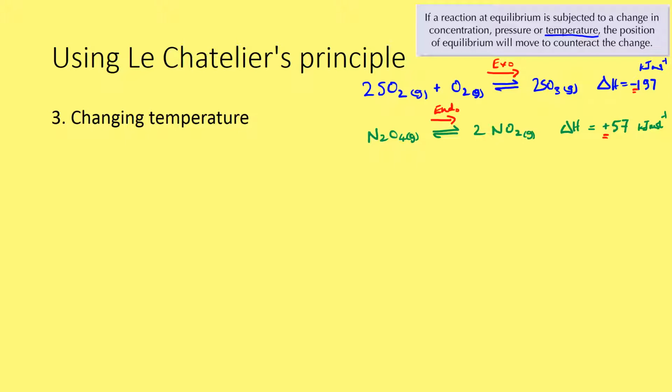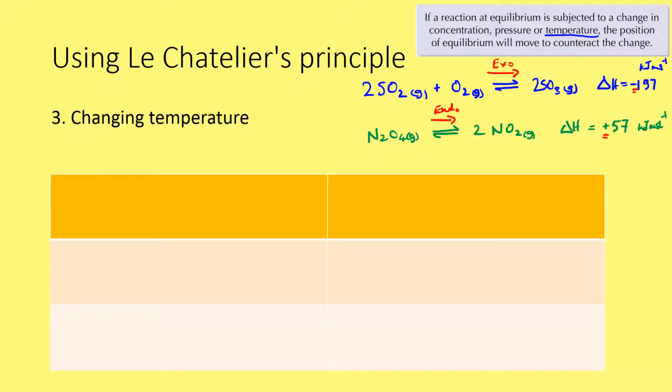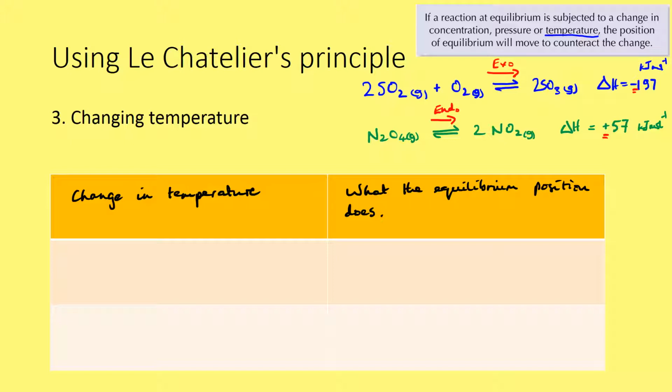In the same way as we've done with the previous two, we're going to have a look at the table and at what possible changes in temperature we could make. Our change in temperature is going to go on the left, and what the equilibrium position does is going to go on the right hand side.